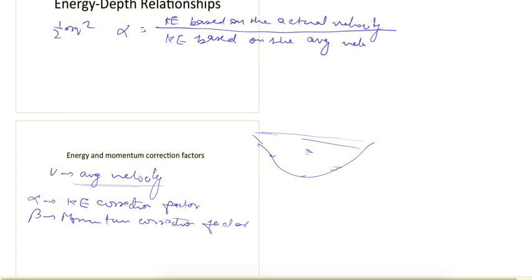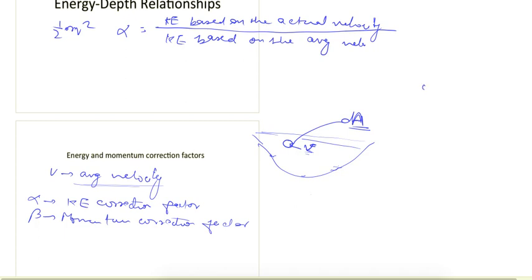To find the kinetic energy based upon the actual velocity, let us consider a small elemental area dA, and the velocity of flow through this area is small v. So I want to find out the mass per unit time through this area.